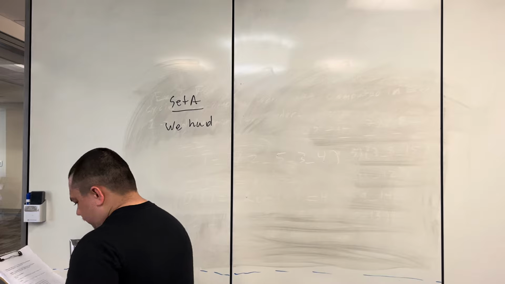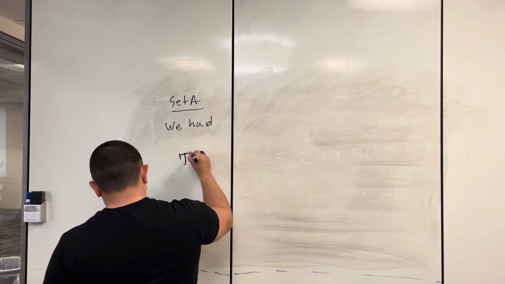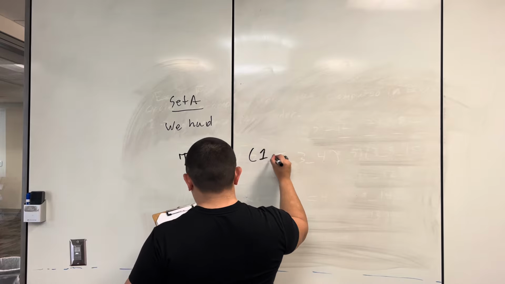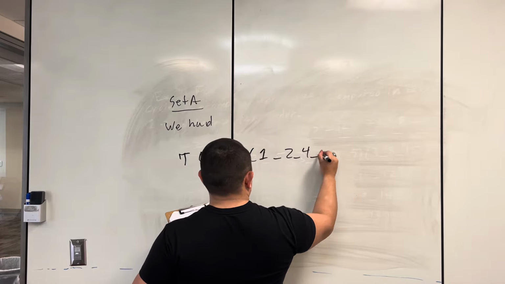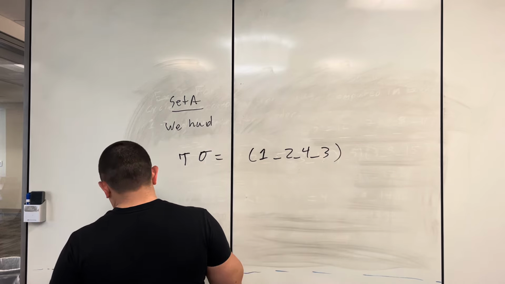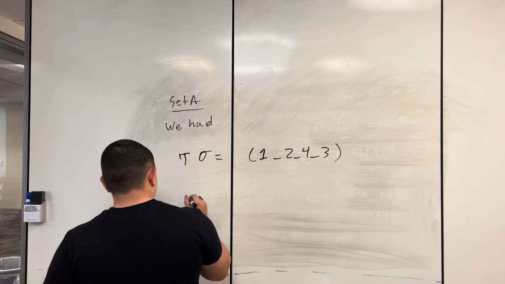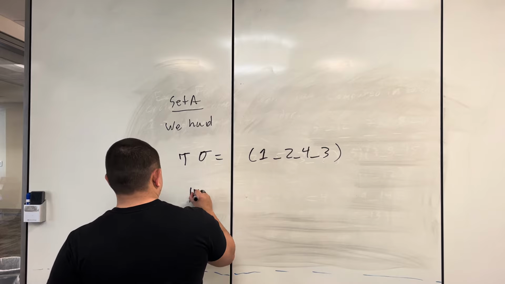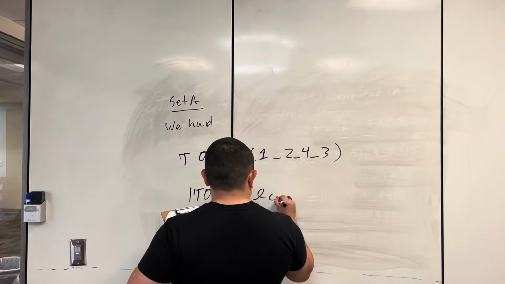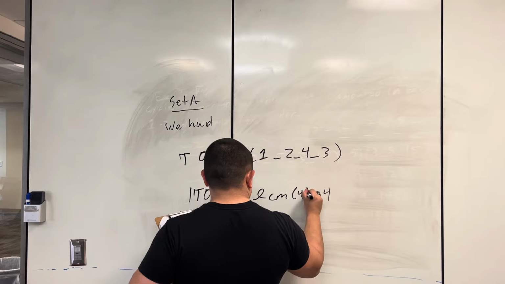So how about tau sigma, which is equal to (1 2 4 3)? Well, that's simply equal to 4 because it's the only thing again, right? So you can see that.